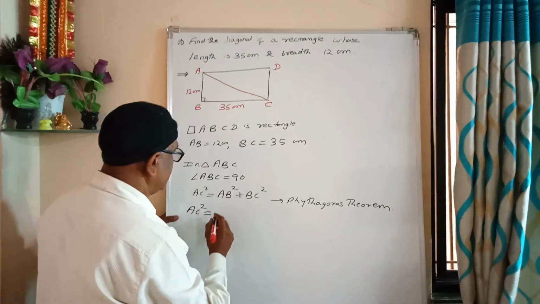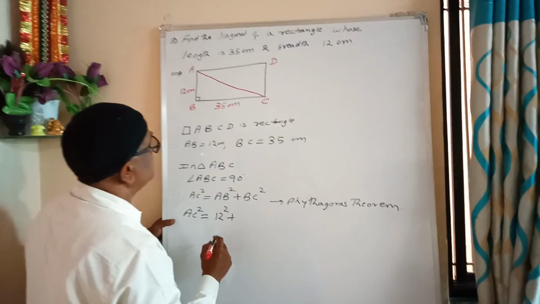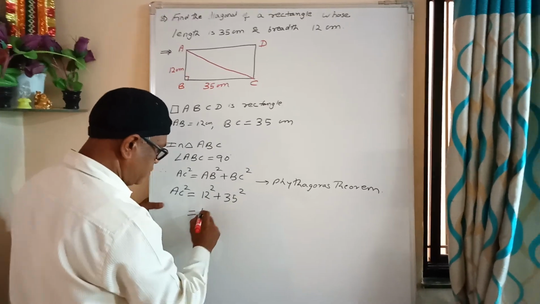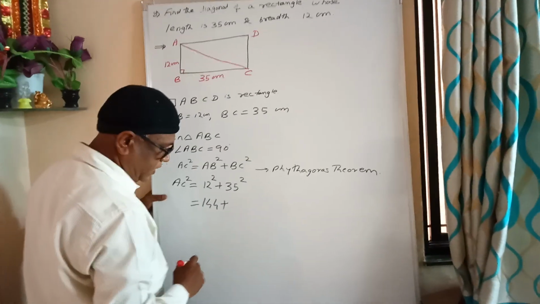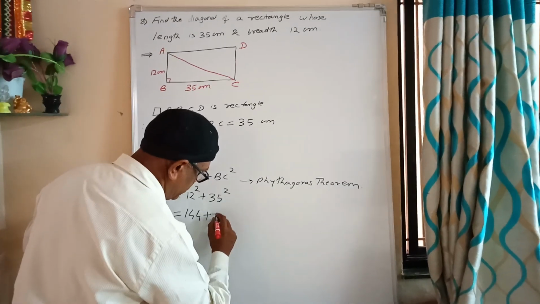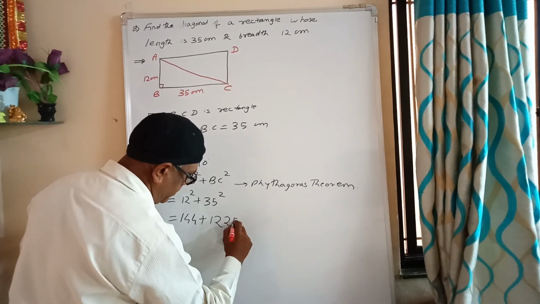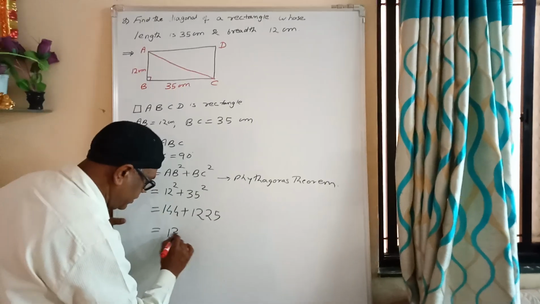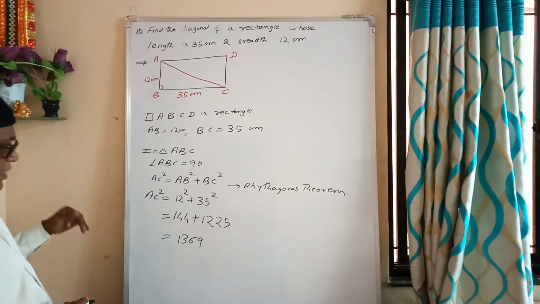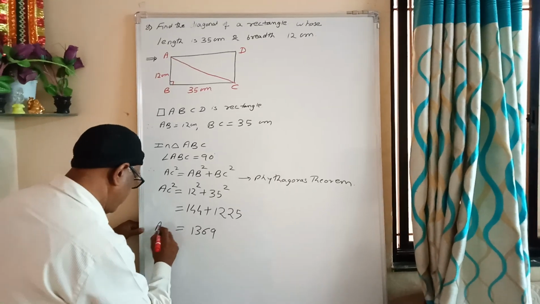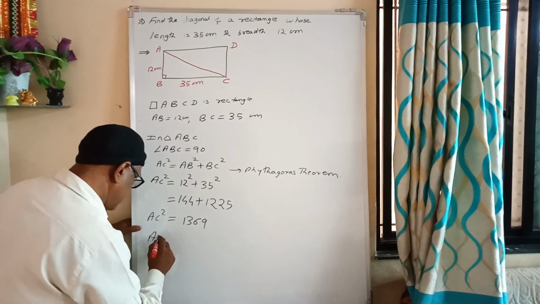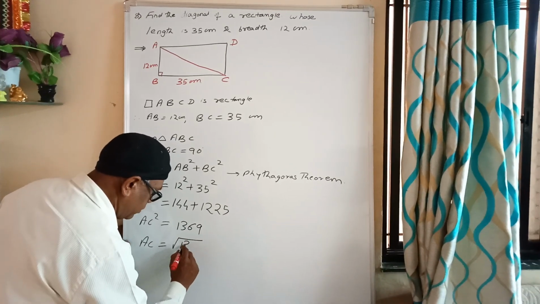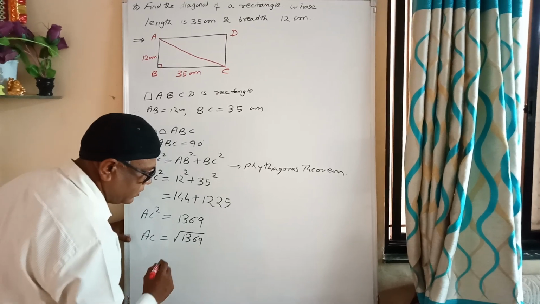AC, that we are going to find, AC square. AB is given, that is 12 square, plus BC is given, 35 square. 12 square is 144 plus 35 square is 1225, which is equal to, adding both we will get 1369. This is AC square. Taking square root on both sides, AC is equal to under root 1369.